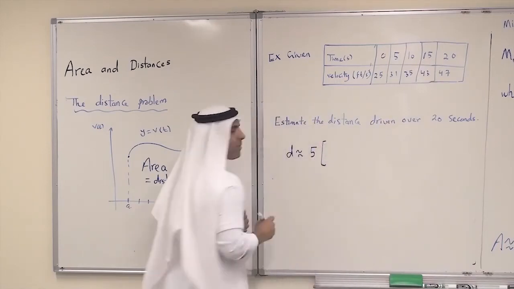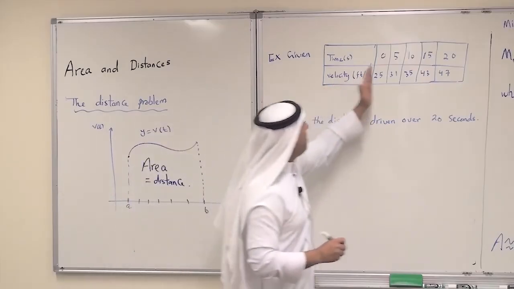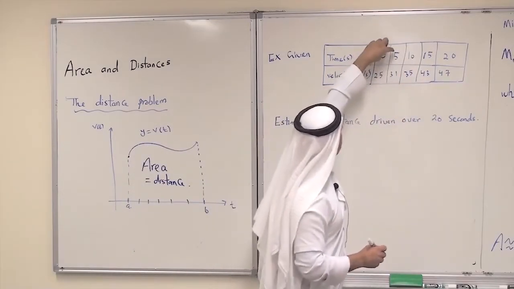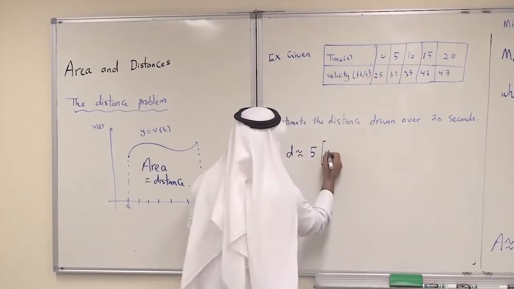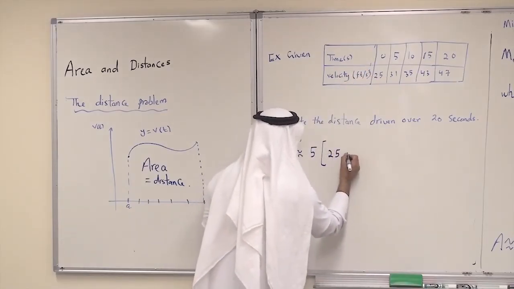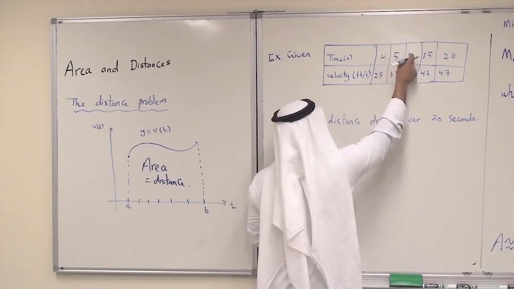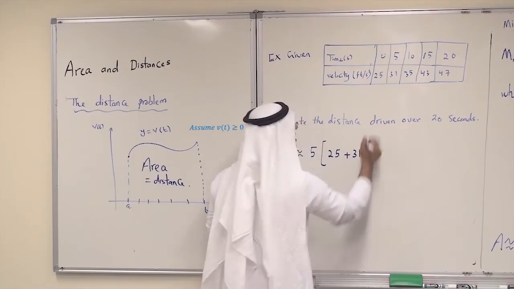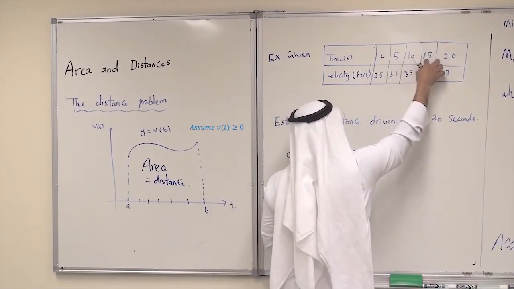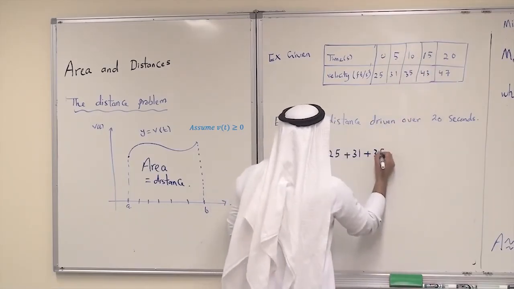Now, if I choose the left point approximation, in the first subinterval I will take the velocity at the first point, which is 25. Plus, in the second one, which is 5 to 10, I will choose the velocity at the beginning, so that is 31. Plus, for the next one, which is 10 to 15, I choose 35.